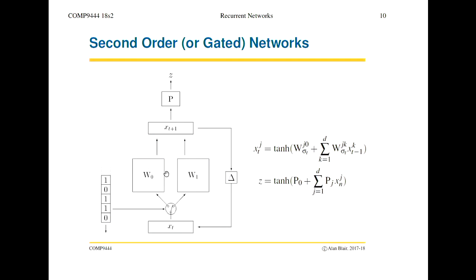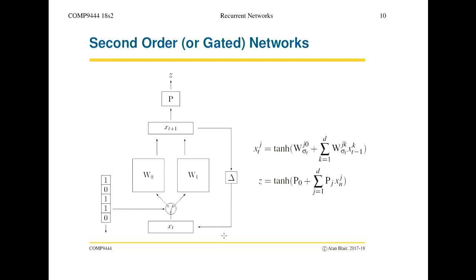So here we have one set of weights for 0 and one set of weights for 1, and depending on what the next input is, this is the hidden unit here. Depending on what the next input is, we switch back and forth between these two sets of weights. If we had 26 letters, we could also have 26 sets of weights and switch between them.